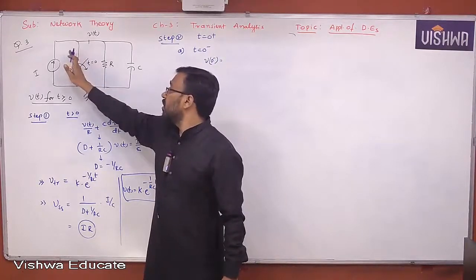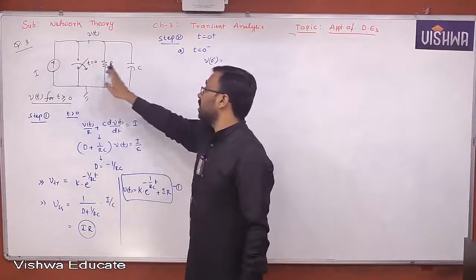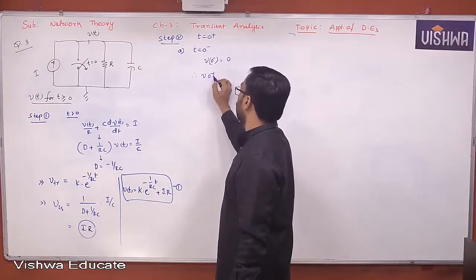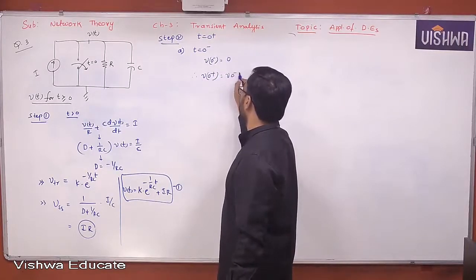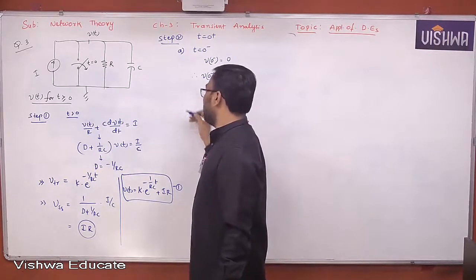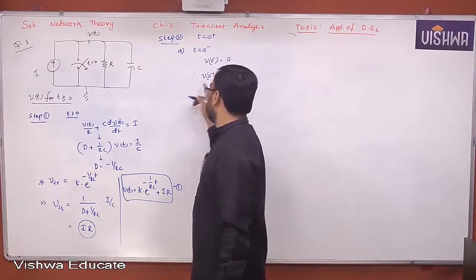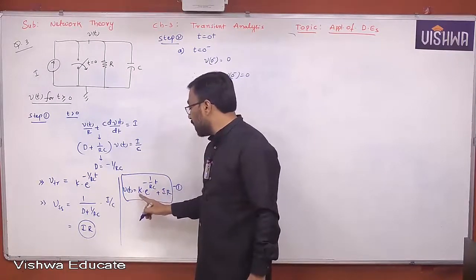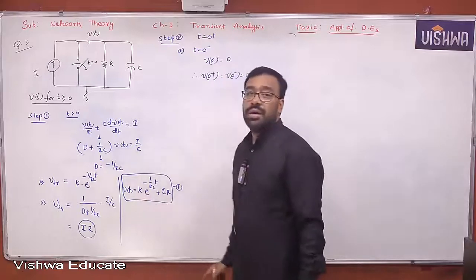Closed. Can you charge the capacitor keeping a short circuit across it? No. So V of 0 plus is equal to V of 0 minus, which is 0. Steps B and C are not required because already you got one initial condition. Only one initial condition is enough because there is only one arbitrary constant. Understand all of you?